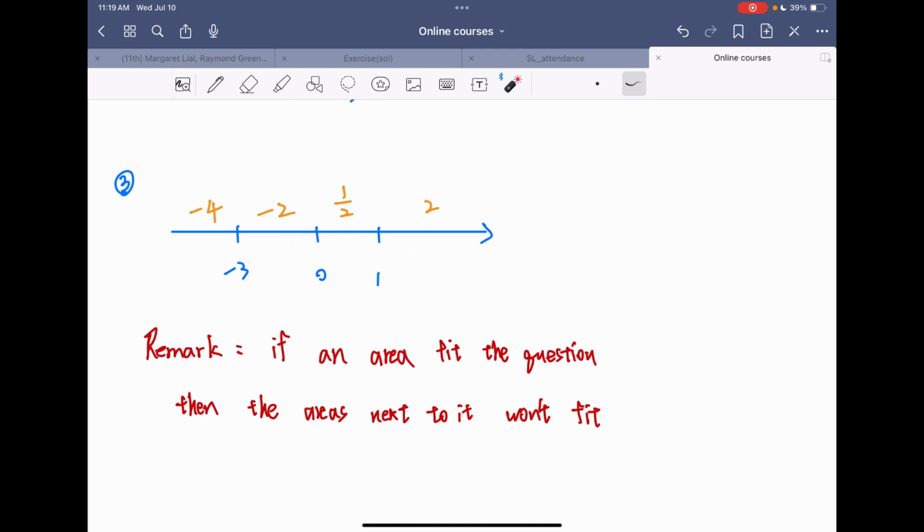Okay, in the other case, if this area fits, these two areas won't fit, and this will fit. So not fit, fit, not fit, fit, not fit.